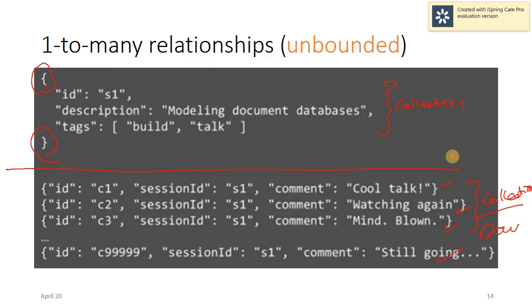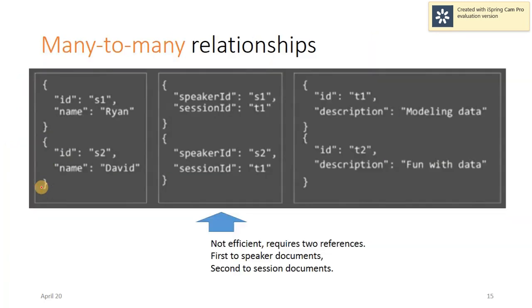So you are going to have two collections here, and every time you want to query something, for example C1, it will refer to S1, the session, and then go directly to the comments. Instead of going through this document, it will directly go to its own document here.